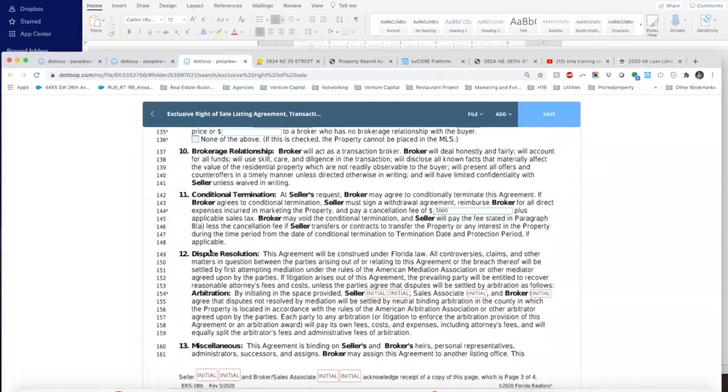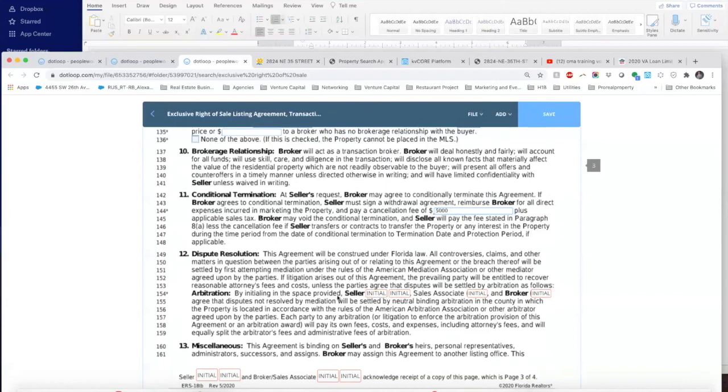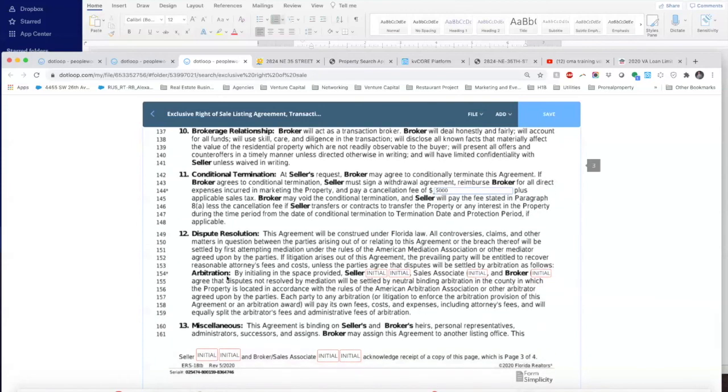But at the same time, if the seller is acting in a negligent way, then it will be very hard to get this $5,000 out of them for arbitration, and this will be much more expensive than $5,000. So I never put initials here. I don't want arbitration to happen, but again, it's up to you. If you have some thoughts about it, we can discuss that, or better to consult with an attorney too. But usually I don't advise to initial here.